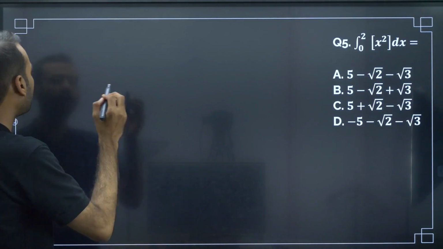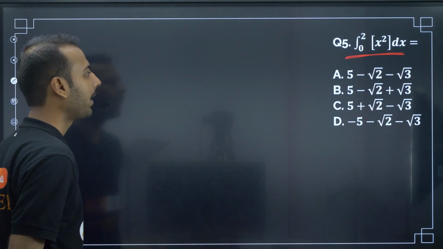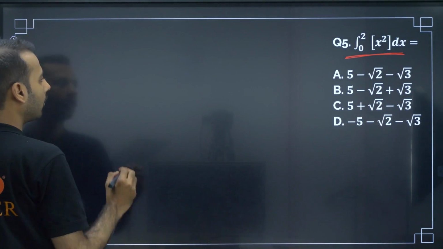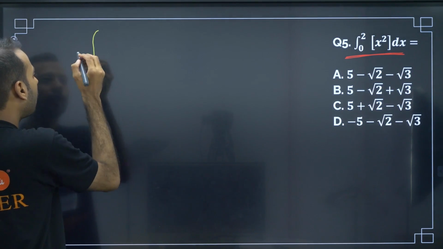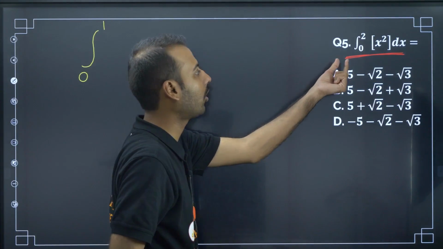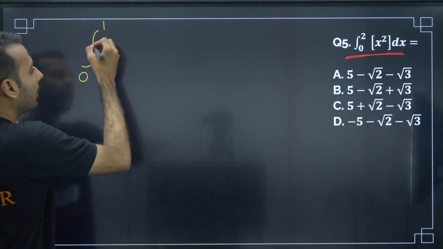Next, what is the question? Integration of 0 to 2 x square GIF of dx. Whenever we have integration of the greatest integer function, we have to split the integrals.